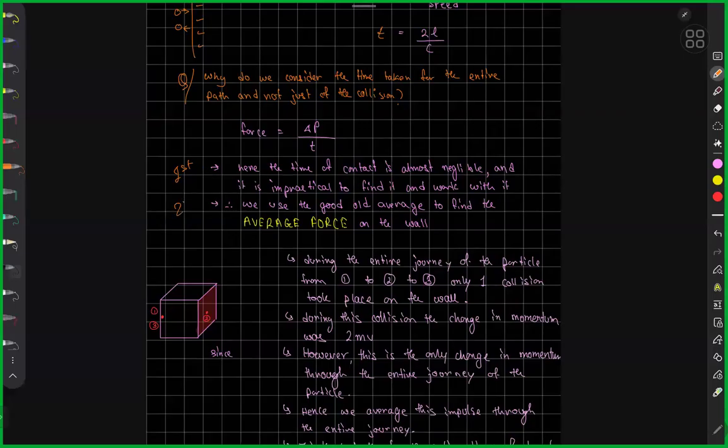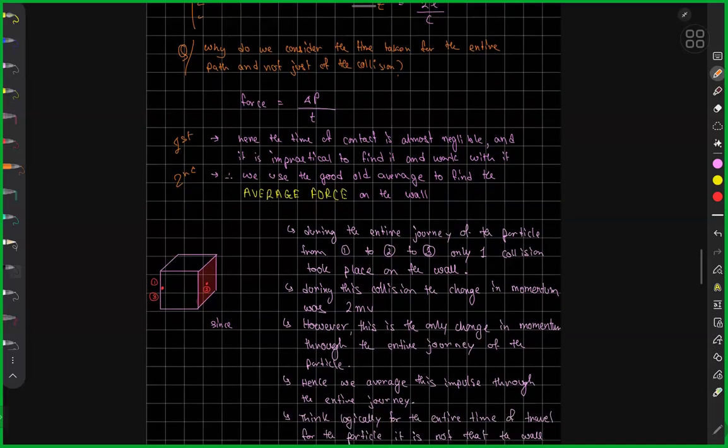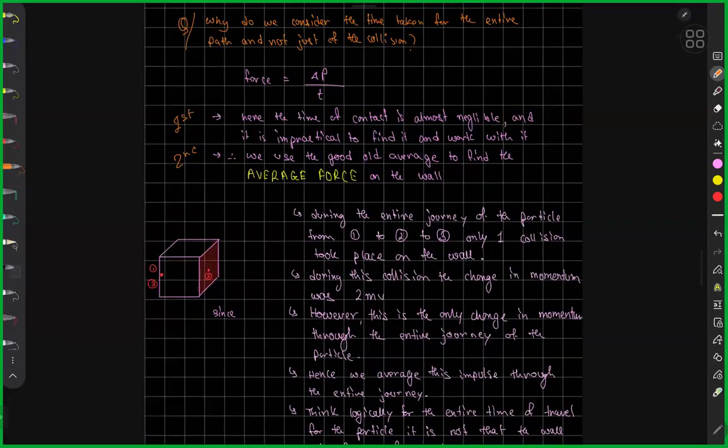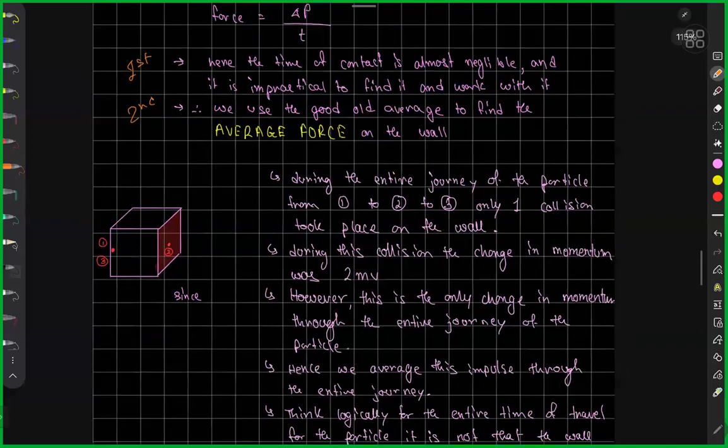First. Second, we average that force out throughout the journey. What does that mean? I'll explain. During this entire journey of time, 2L by c, how many collisions take place for this one particle being modeled? One collision. So through that entire journey of the particle, one collision has taken place.